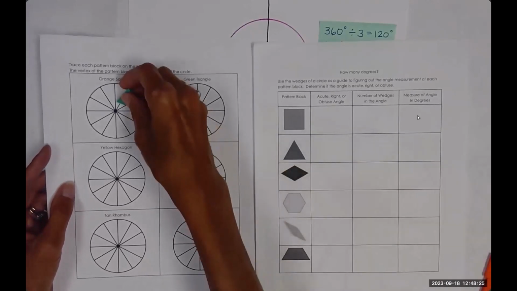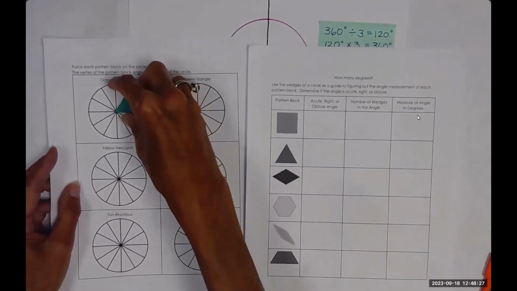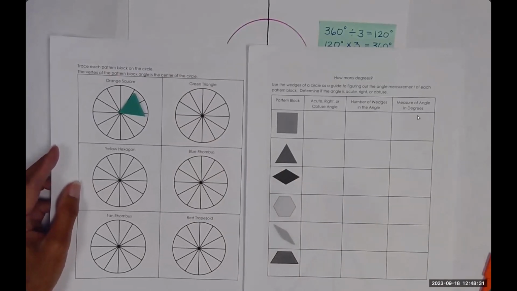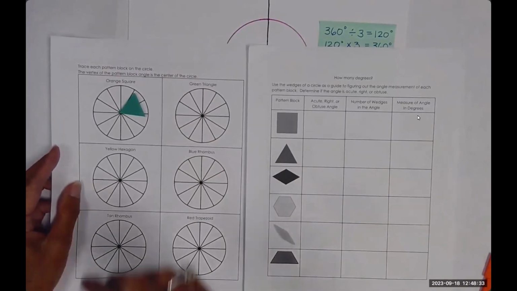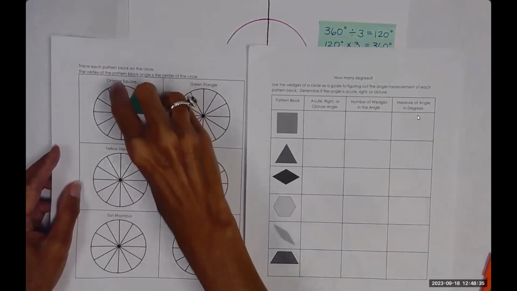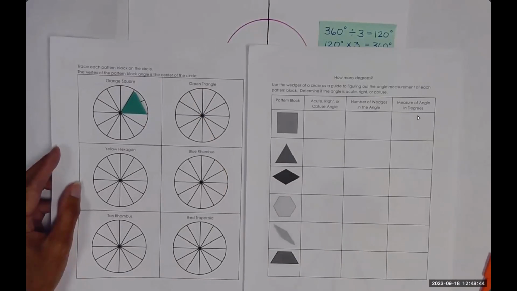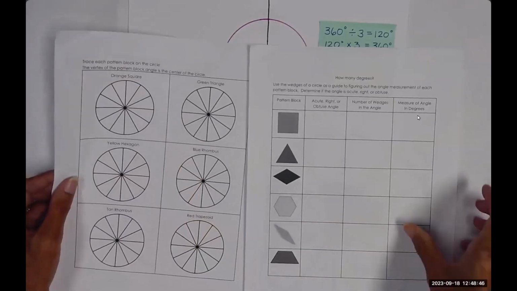So let's say it was the triangle. They could say that that is an acute angle. It is 2 wedges. Each wedge is 30 degrees, so the measurement would be 60 degrees of that triangle pattern block, right?